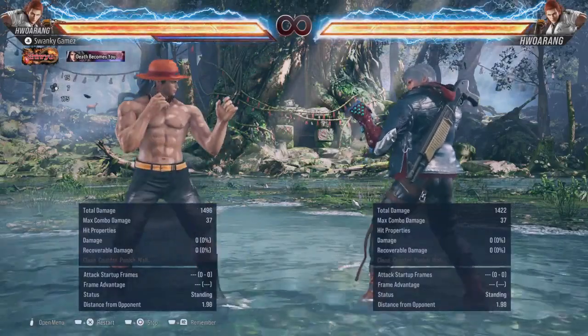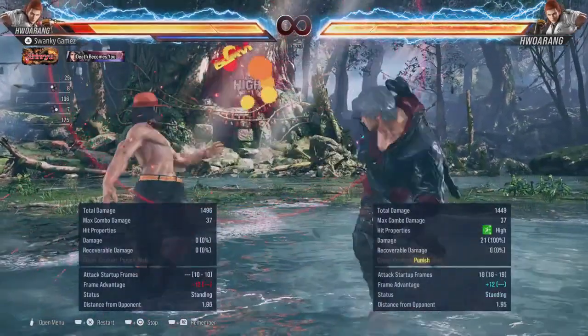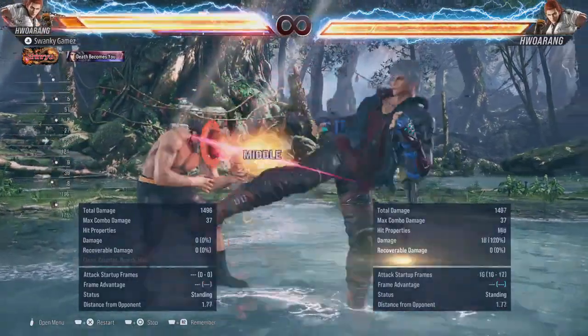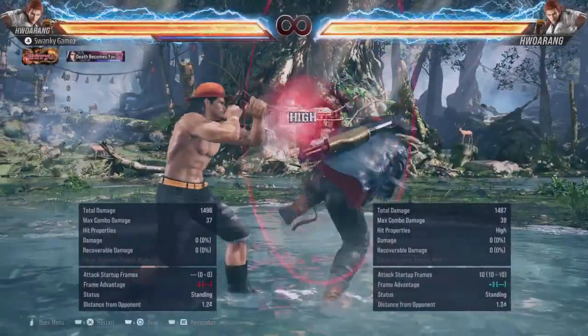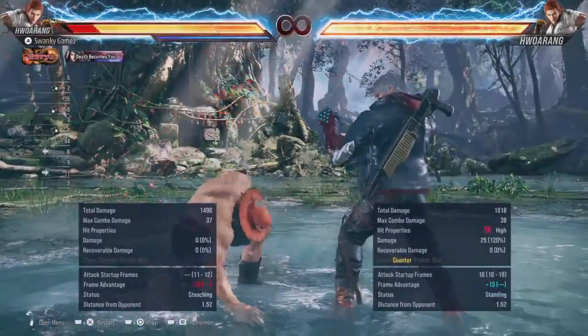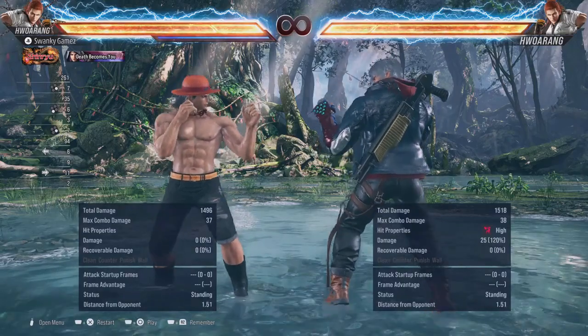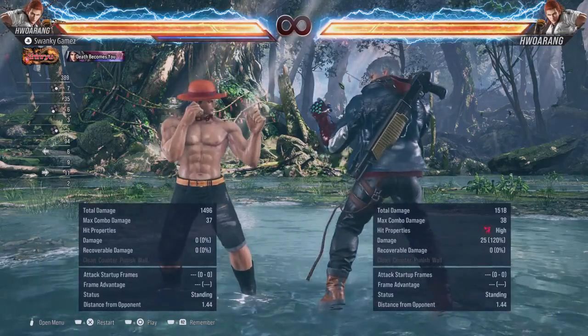However, again, this is one of those things where if I'm aware that my opponent's going to try to do something, for example, a high attack, I could use that to my advantage to maybe do something that has a high crush property, which is not something we're going to get into today.